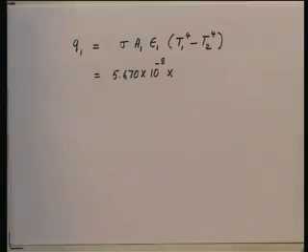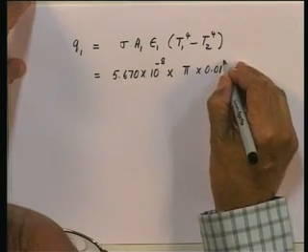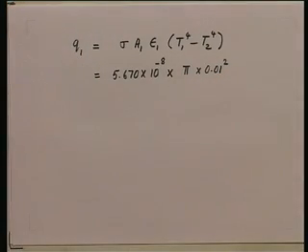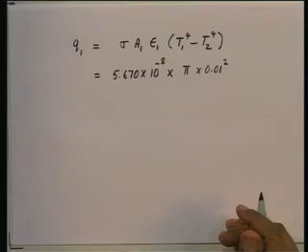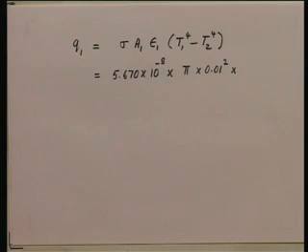So, A1 will be pi into 0.01 the whole squared, pi r squared, that is the area, multiplied by the emissivity of the surface, that is we can treat it to be a black surface. So, we will say it is 1, and T1 to the power 4 minus T2 to the power 4 would be 1273 to the power 4 minus 300 to the power 4.